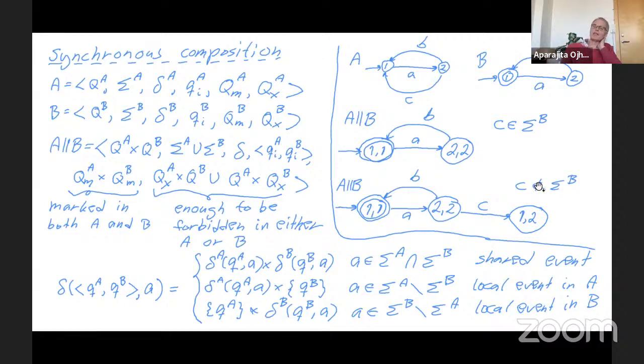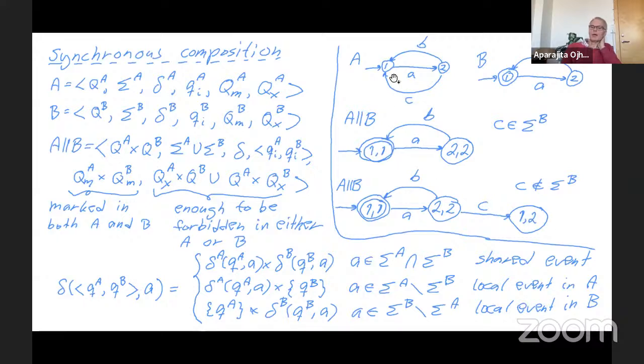On the other hand, if c is not a part of the alphabet of B, sigma B, then c is a local event in A. And then when you have reached the state 2, 2, it's possible for the A automaton to make a transition from 2 back to 1. And that means that the first automaton goes from 2 to 1, while the second automaton still stays in state 2 after the c transition.